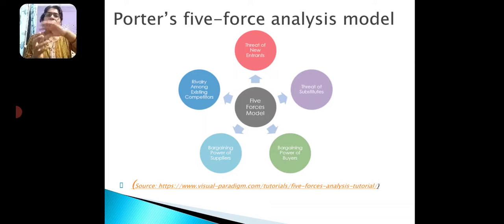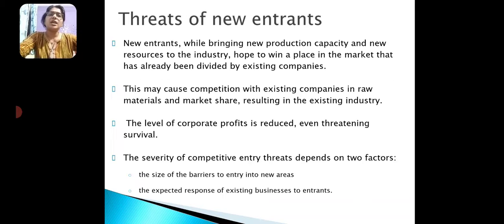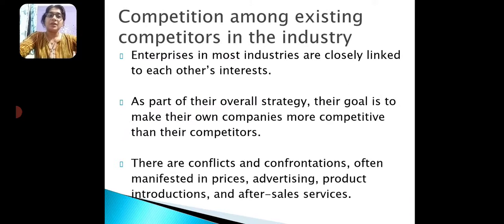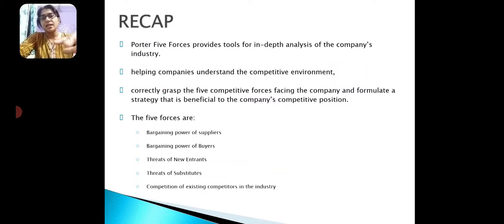So the existing competition scenario in that particular industry also matters when we are checking the competitive attractiveness of an industry. You can apply this model to any industry. In this you should be clear about what is an industry and what is a firm. Industry includes all the similar firms.